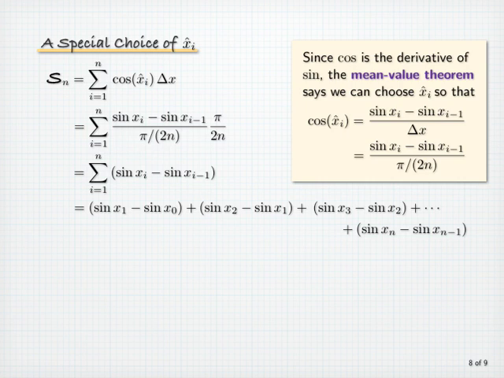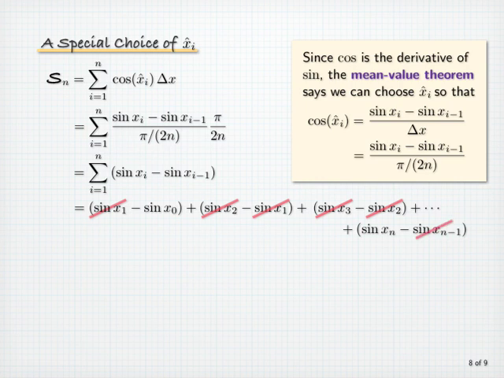Now let's notice that this simplifies a great deal. We have sine of x1 minus sine of x1, which equals 0. We have sine of x2 minus sine of x2, which is also 0. We have sine of x3 minus the sine of x3, and so on, until finally we have sine of xn minus 1 minus the sine of xn minus 1.